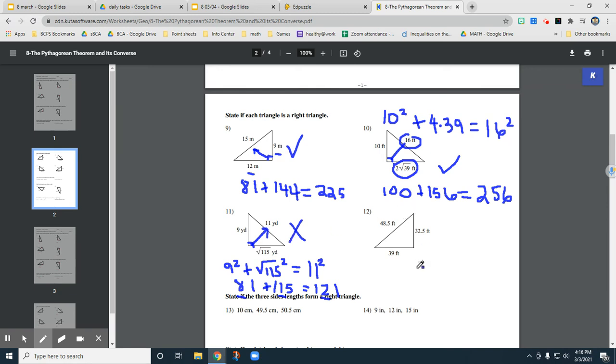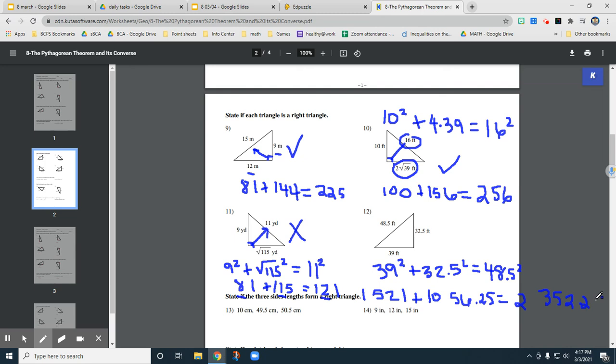All right, let's look at number 12. Again, we're just going to square our shorter sides and add them together and see if they equal the square of the largest side. 39 squared is 1521. 32 and 5/10 squared is, I'm going to run out of room, 1056 and 25/100. 48 and 5/10 squared is 2352 and 25/100.